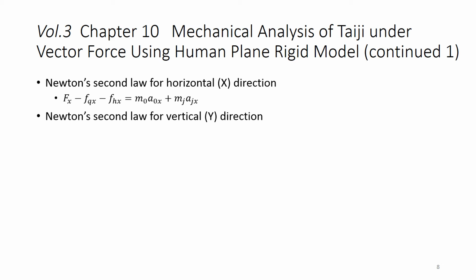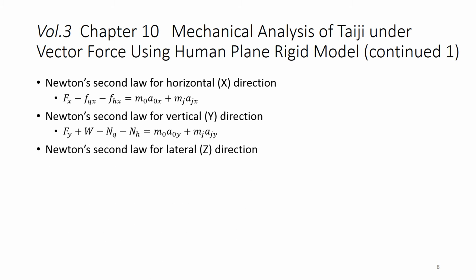Newton's second law for vertical y direction. External force in y direction equal to the product of mass and y direction acceleration. Newton's second law for lateral z direction. External force in z direction equal to the product of mass and z direction acceleration.